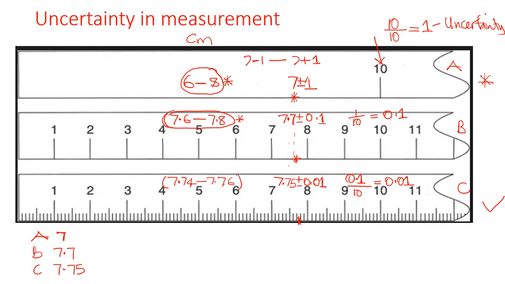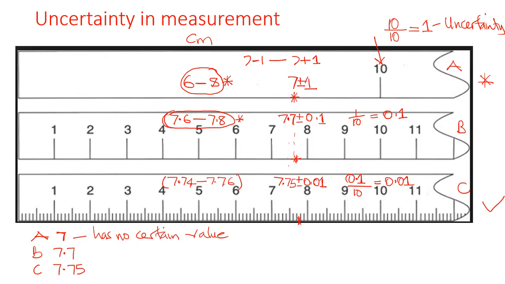So I will say ruler A has no certain value. The reason is we don't know that it's 7 because it's between 6 and 8. We are not certain that it is 7 and we are not certain that the value is 8. So this value here, 7, is uncertain.